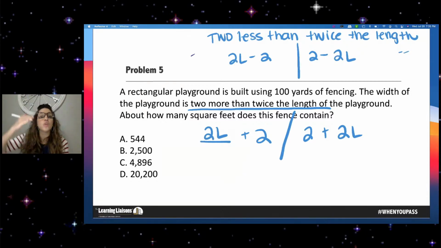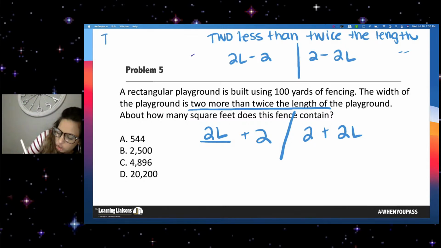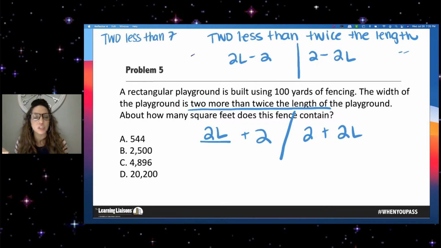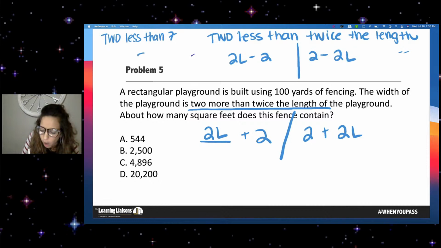If I said what is 2 less than 7, what would you tell me the answer is? 5. 2 less than 7 is 5. We all know that. What did we do to solve that? We did not do 2 minus 7. We did 7 minus 2.